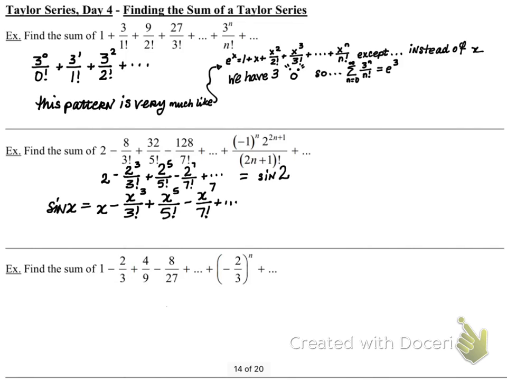So we can just pop that into the formula a over 1 minus r equal to 1 over 1 minus negative 2/3. And we get 3/5. Sorry.